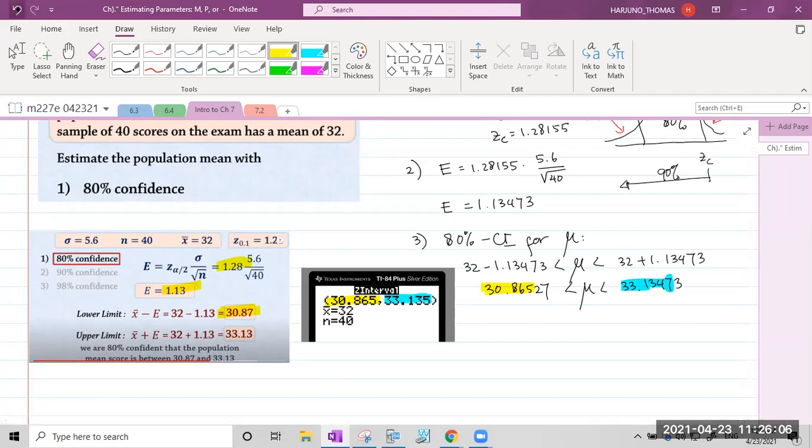The upper bound, if you compare with the calculator result, then if they round it to 2 decimal places, it should be 13.14, right? But the actual number is 13.134 something. So if you round to 2 decimal places, then the YouTube result is actually correct. Should be 13.13.